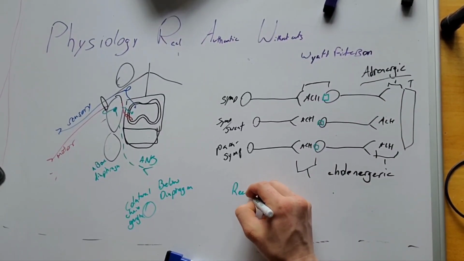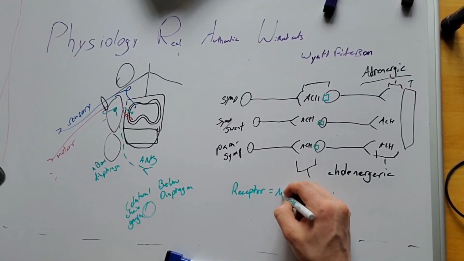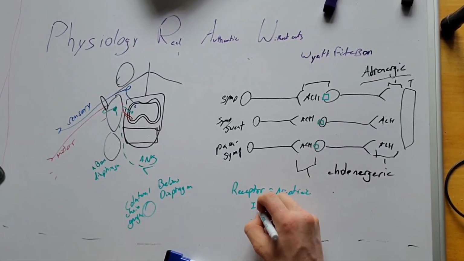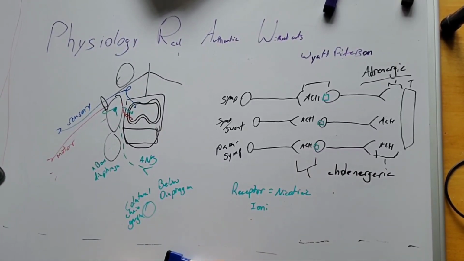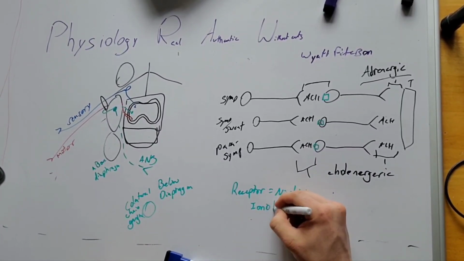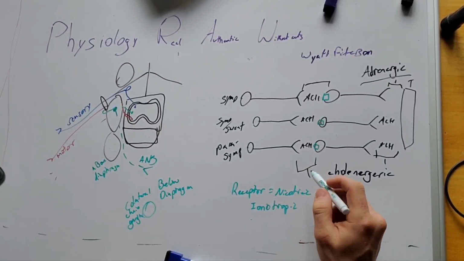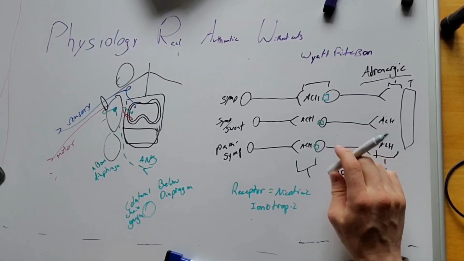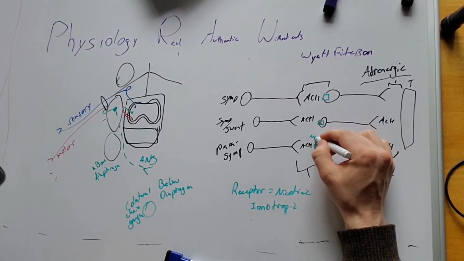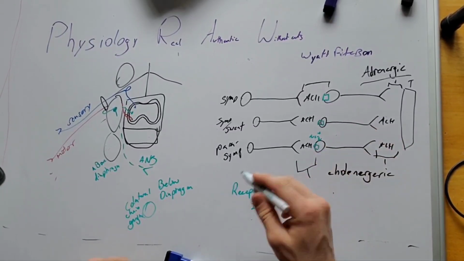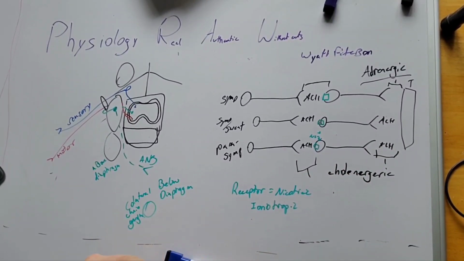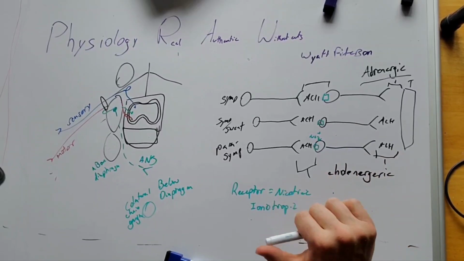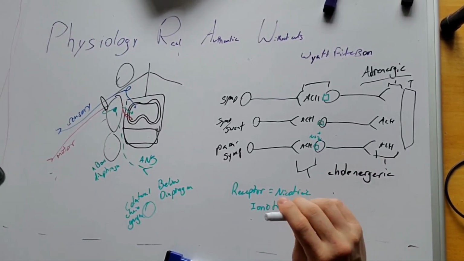So make a little note, receptor: nicotinic, and these ones are going to be ionotropic, meaning when they're activated, they allow sodium to go inside to create a new action potential, so the signal will propagate down the line.